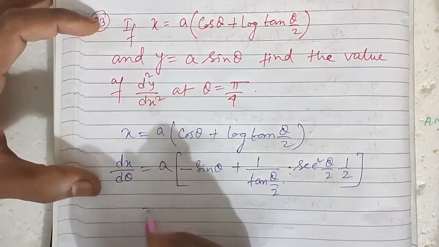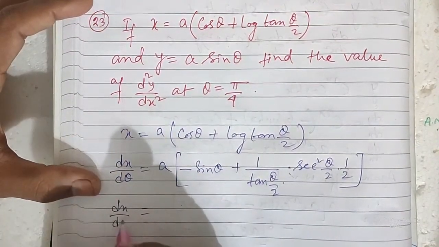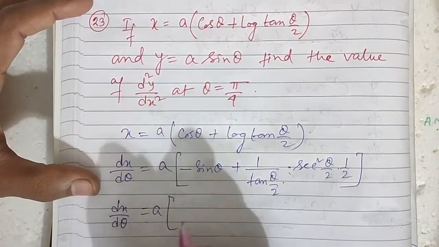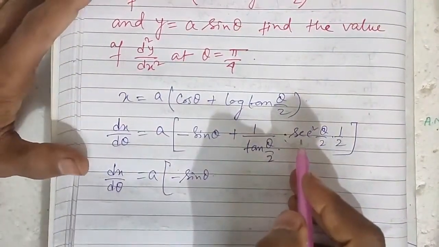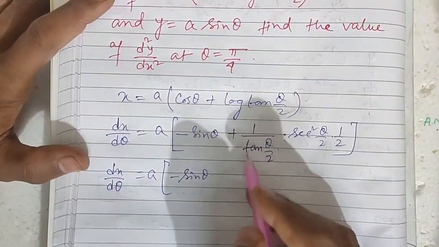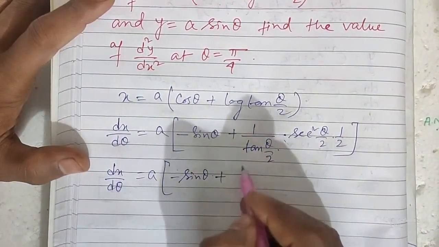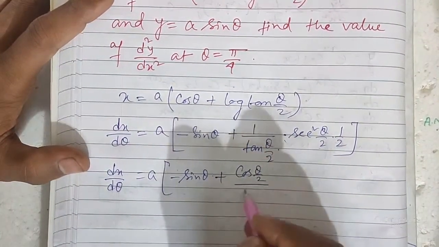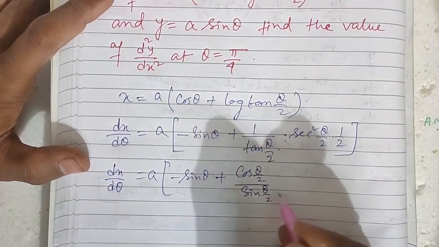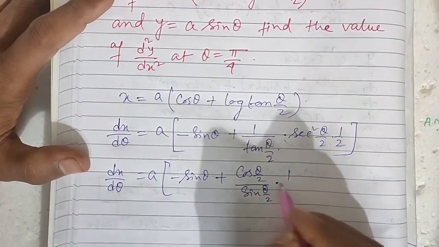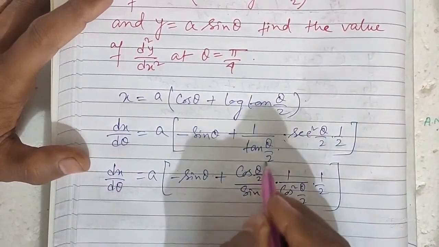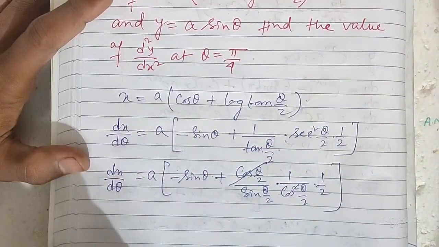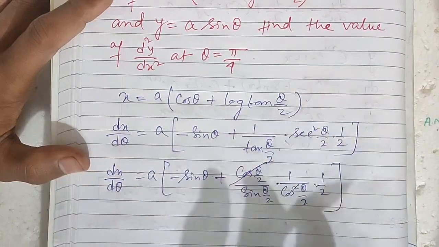So what is coming? dx by d theta equals a into minus sin theta. Sec square theta means 1 by cos square theta, and 1 by tan theta by 2 means cos theta by 2 by sin theta by 2, into 1 by cos square theta by 2 into half. So here 1 will cancel, cos theta by 2 cancels with this square.